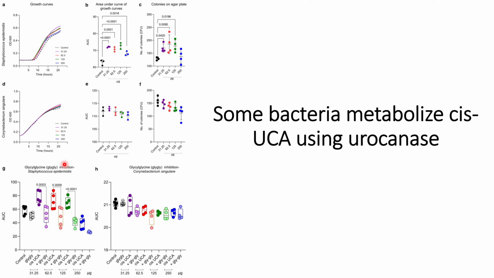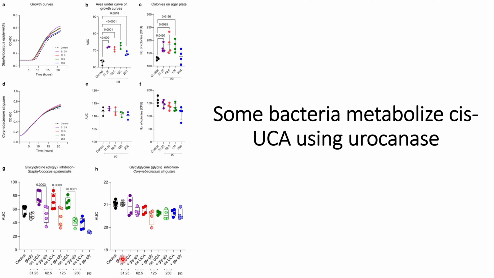So in that case, they used an inhibitor of urocanase, that is glycyl glycine. For the control case and the glycyl glycine case, they do not see any changes. But when they use cis-UCA and cis-UCA plus the urocanase inhibitor, they can clearly see a change in the area under the curve. The same thing they observed for different concentrations of cis-UCA, except for the highest concentration, 250 microgram, where they do not see any significant changes.